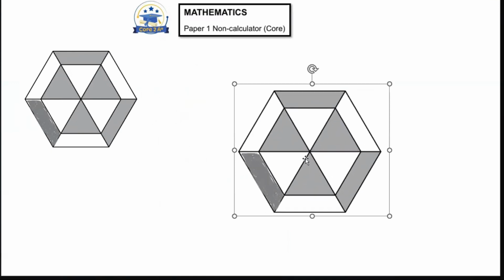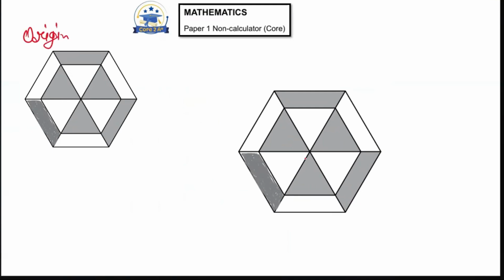This is our original shape, and now you have to compare how many times we get the same shape. This is the first time: without any rotation, we are getting the same image.